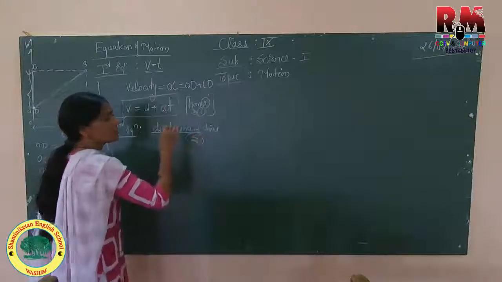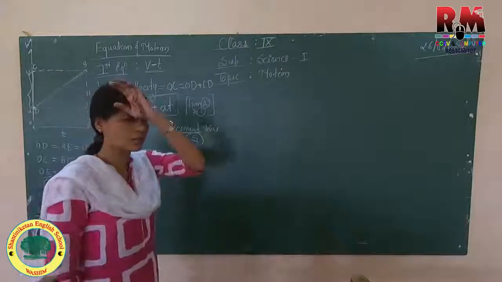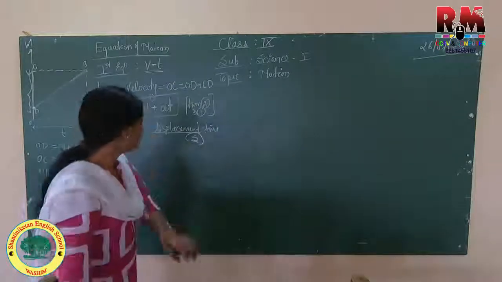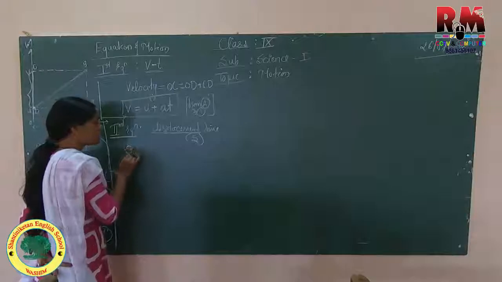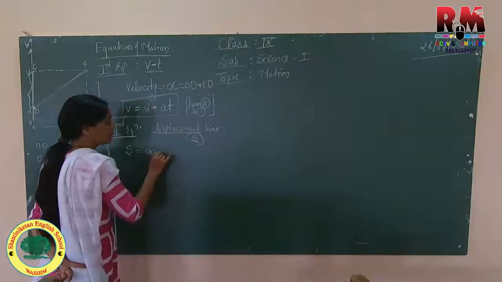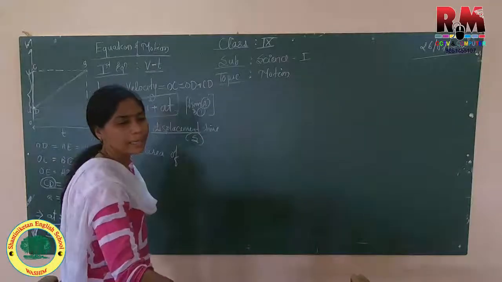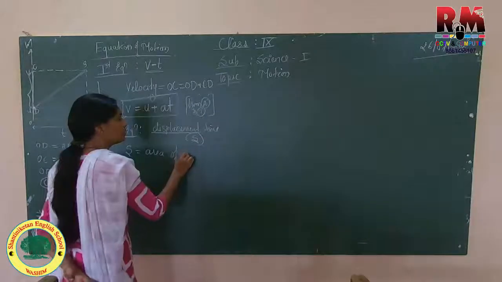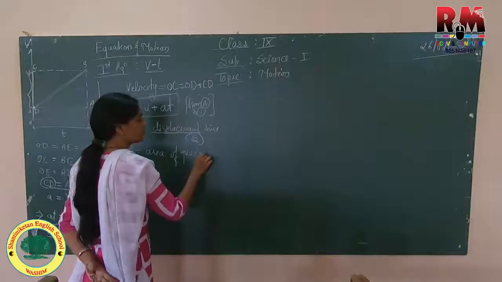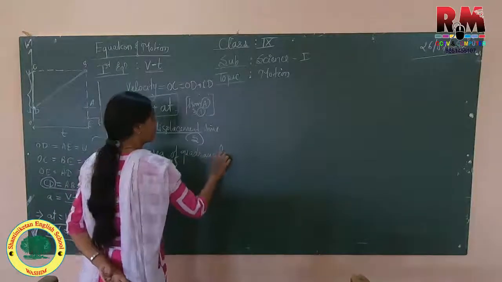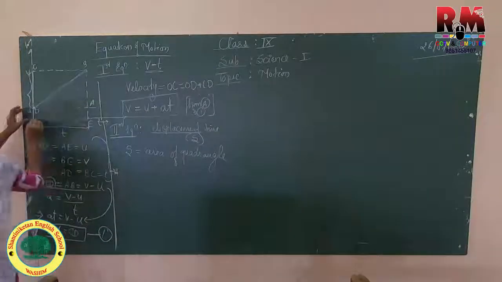If I am talking about distance, displacement is represented by s, we may call it distance also. So distance is equal to the area of the quadrangle.